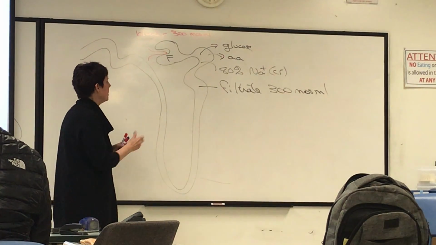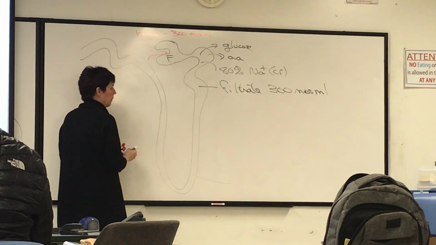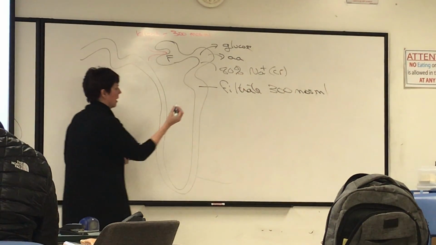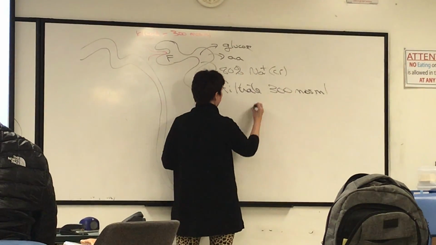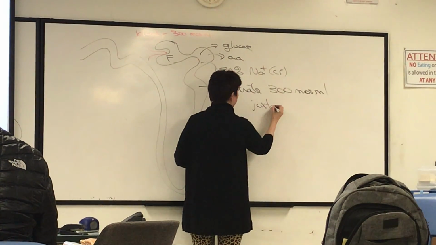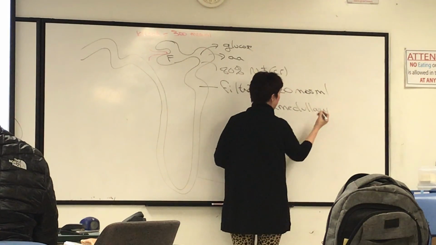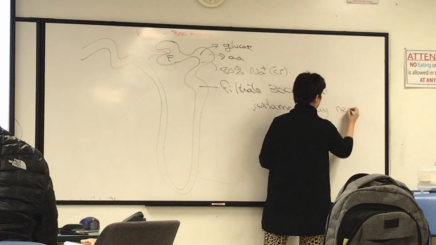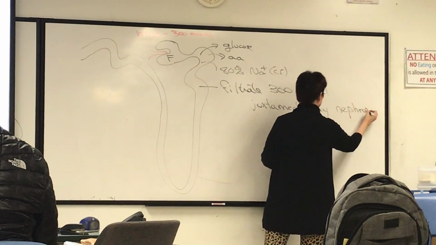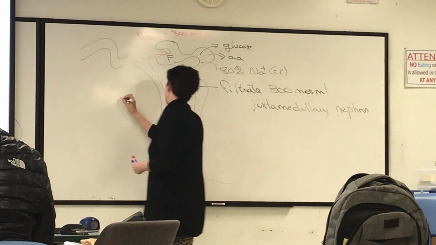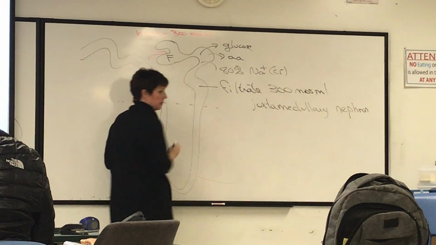Okay? Now, it goes through the nephron loop, and what we're talking about here are juxtamedullary nephrons. Nephrons whose nephron loop dips down deeply into the medulla. Okay? So that's going to be occurring here.